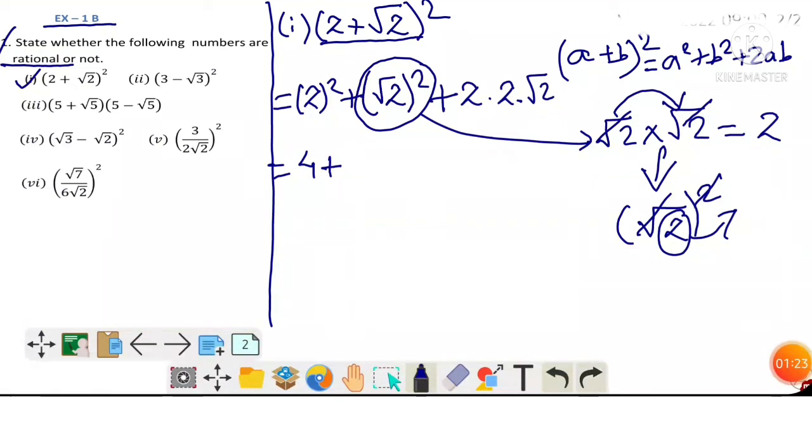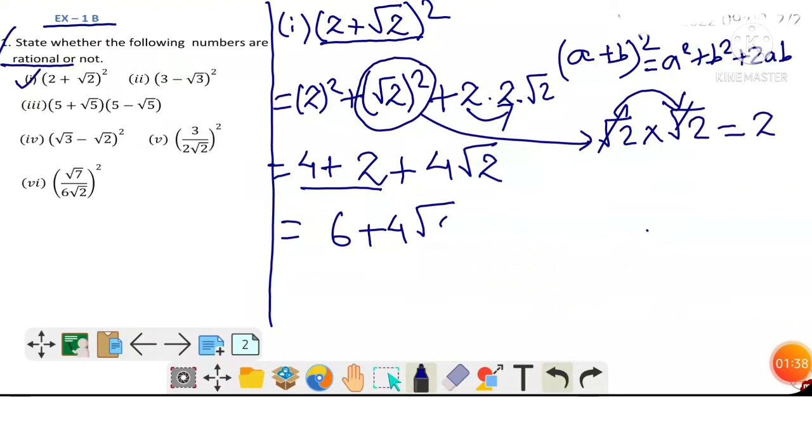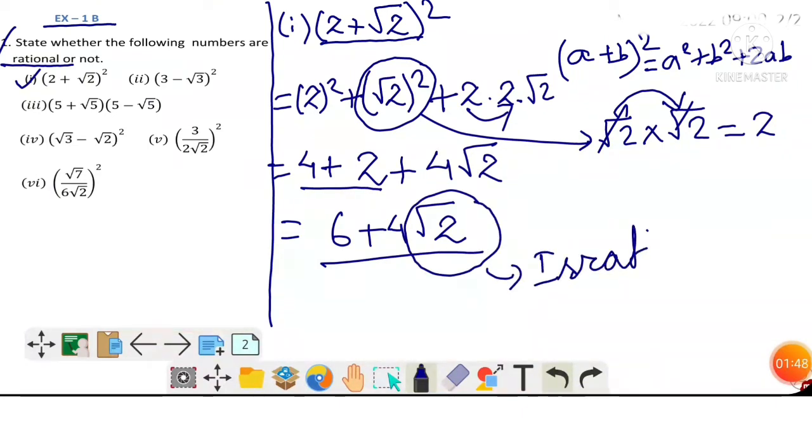So here your answer will be 2 plus 2 2s are 4 into root 2. So 4 plus 2 is 6 plus 4 root 2. So is it rational or irrational? Whenever you see the root, they are always irrational. So it is not a rational number, it is an irrational number.